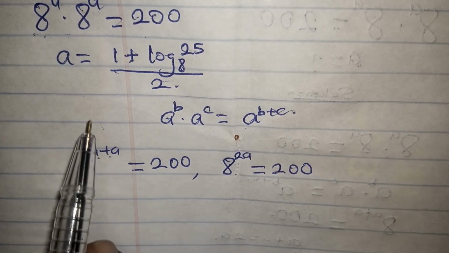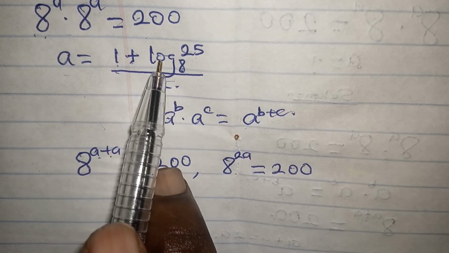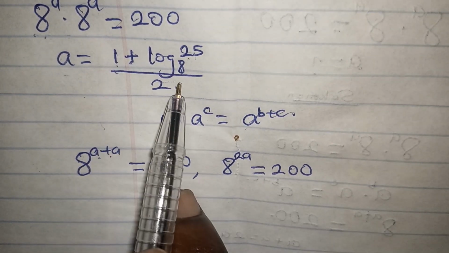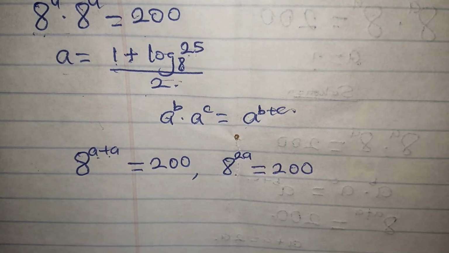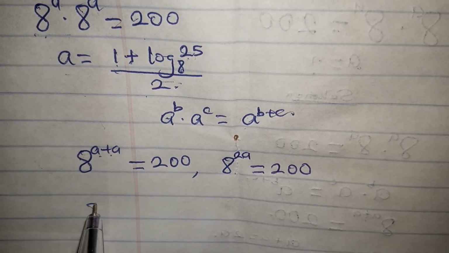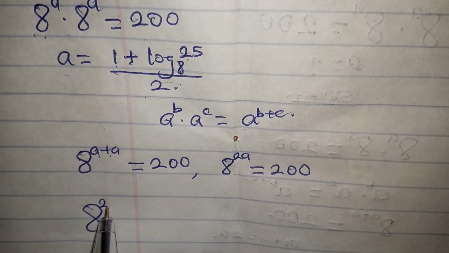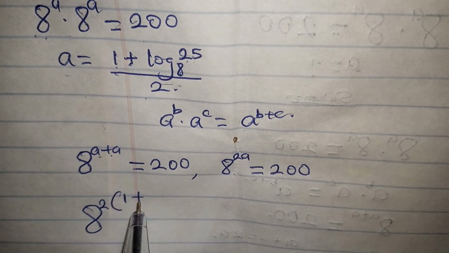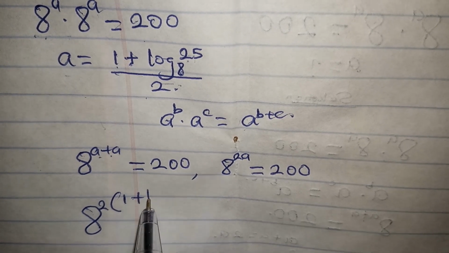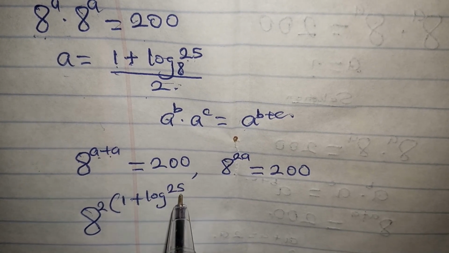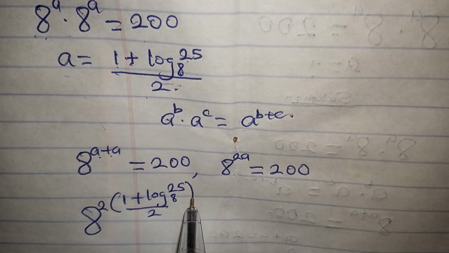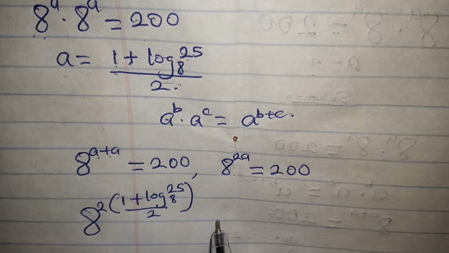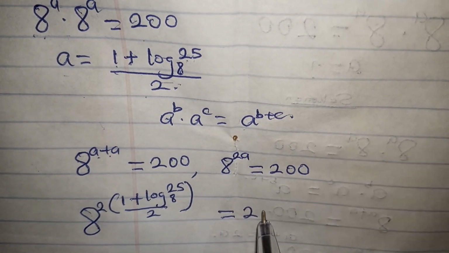We now know the value of a to be (1 plus log 25 to base 8) divided by 2. So in the place of a, we are going to put the whole of this. We have 8 to the power of 2 times (1 plus log 25 to base 8) divided by 2 equals 200.